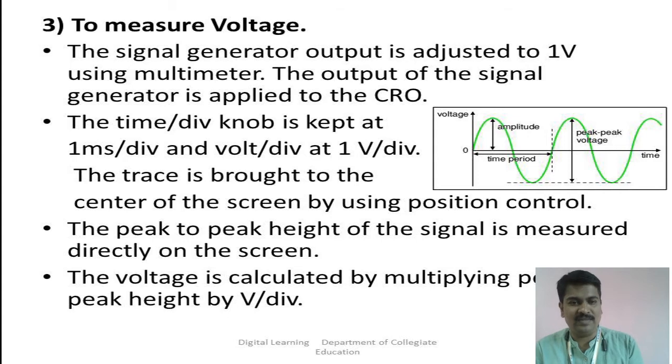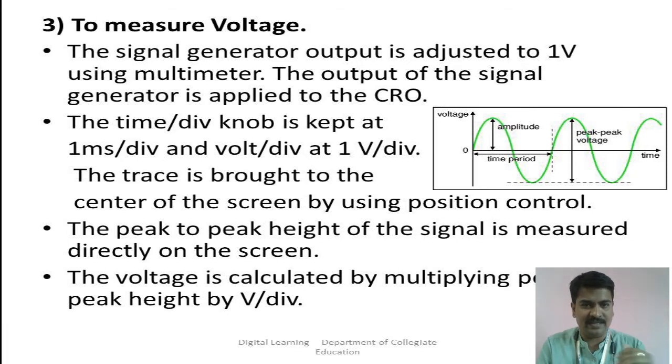If it goes to one side, you bring it back to the center of the screen. We have an adjustment for X movement and also for Y movement. You bring the waveform to the center of the screen so that it is easy to make the measurement. Now the thing is to measure the peak to peak height.